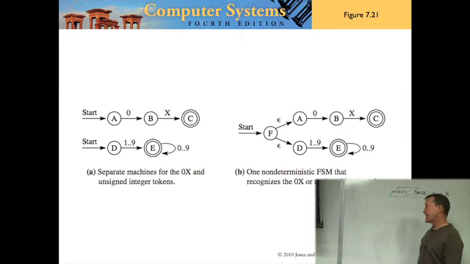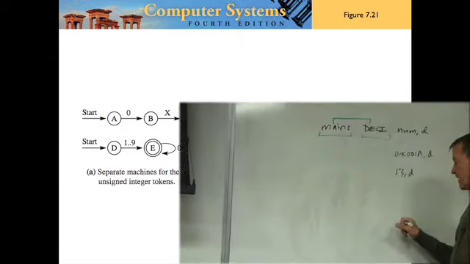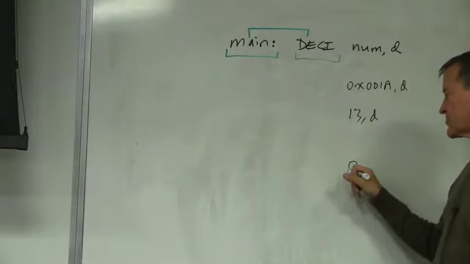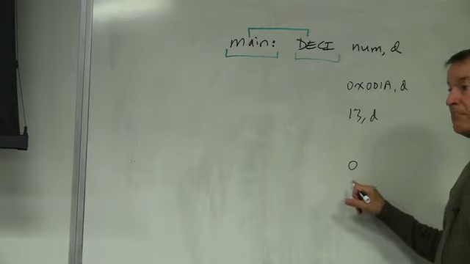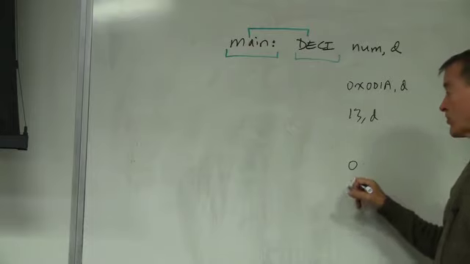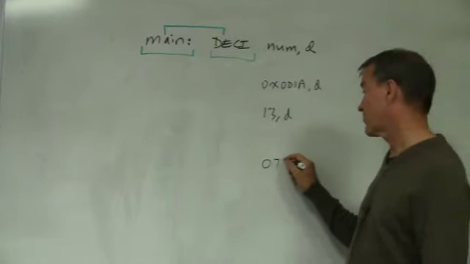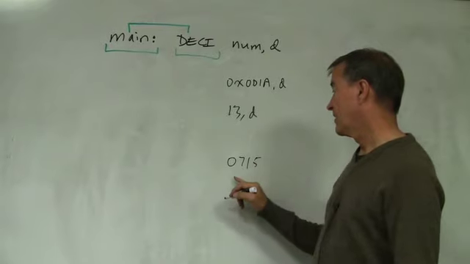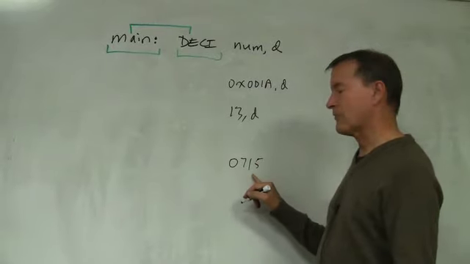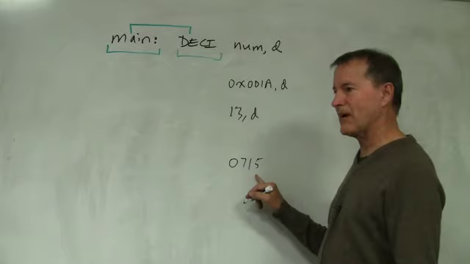It does make sense, and the reason I did this is because, actually I don't think I've mentioned this before, because we use hex as opposed to octal, but it's typical that numbers with a leading 0 are octal. So if you write 0715, this is octal 715.